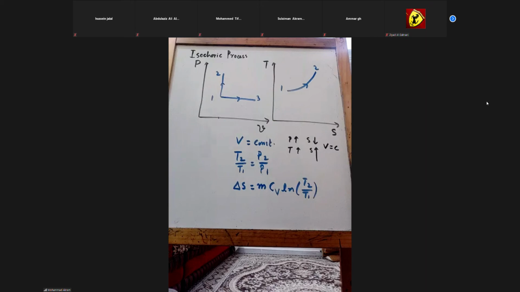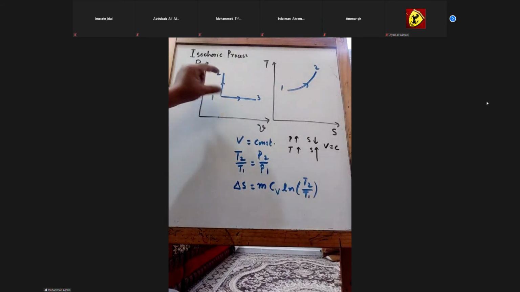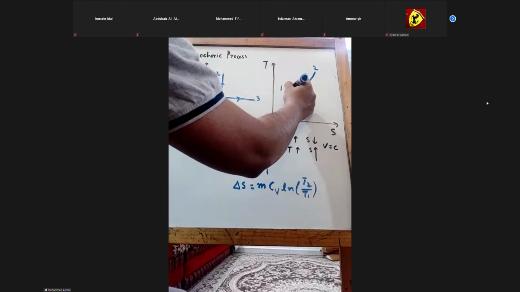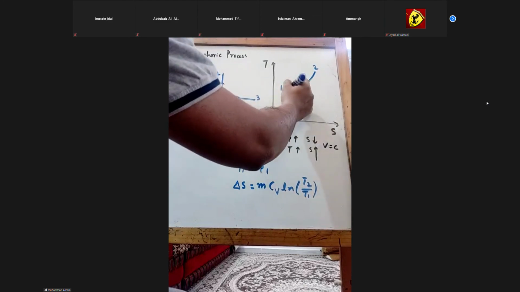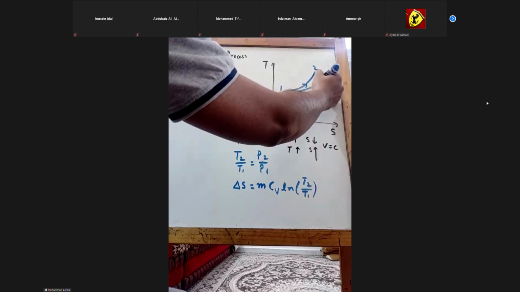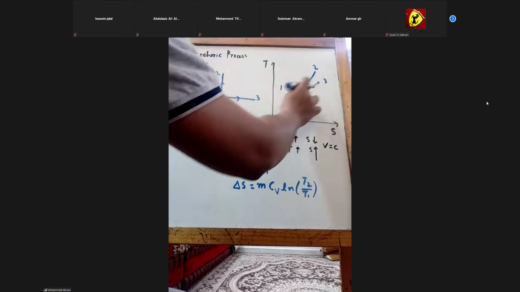Can you give me a hint how to draw? Both are straight lines here, right? So it will be like this, from all the three. 1, 2, 3.